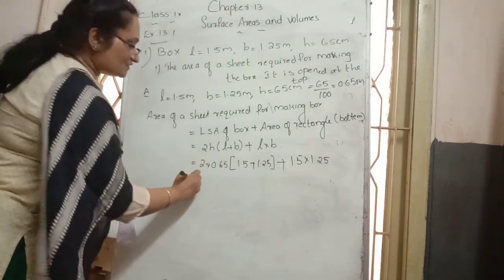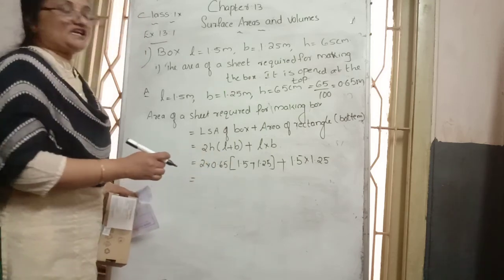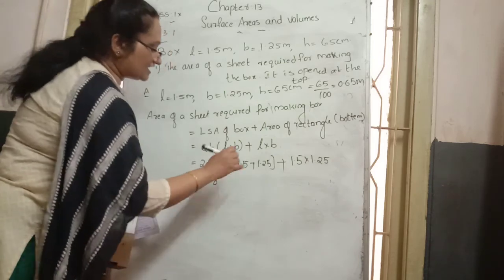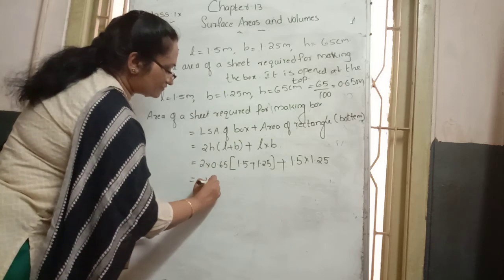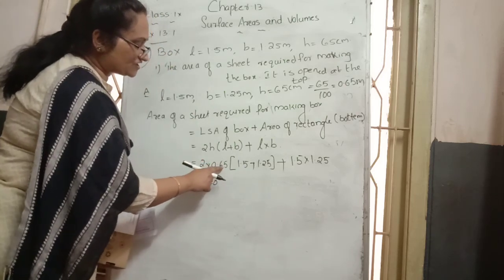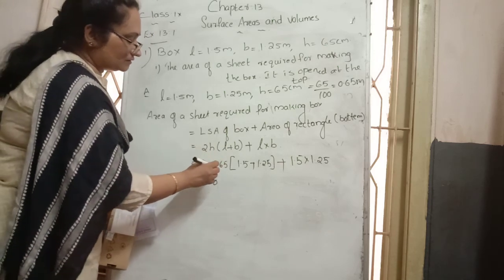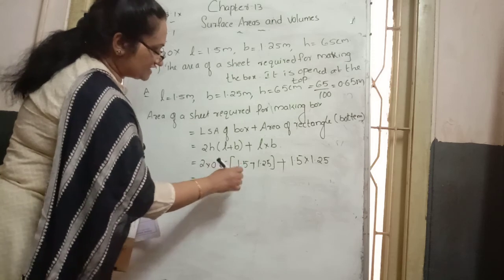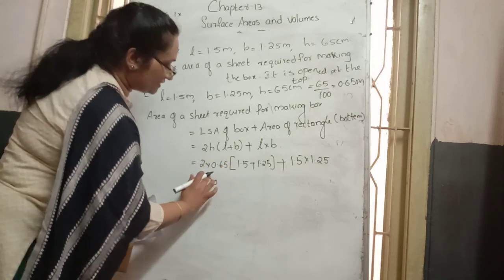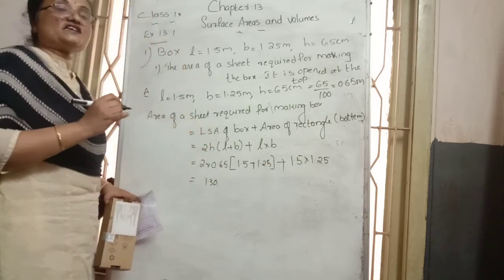Calculation: first outside numbers multiply. 2 into 0.65: 2 into 5 becomes 10, remainder 1; 12, so 130 will come there. After decimal point 2 places, from right to left we keep it. So we get 1.3.